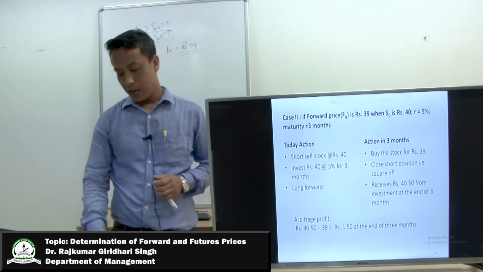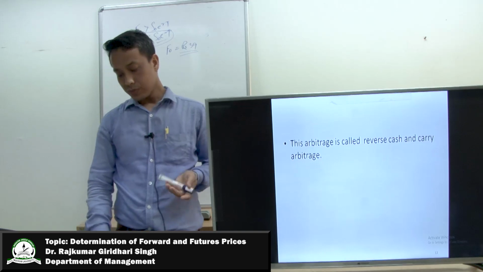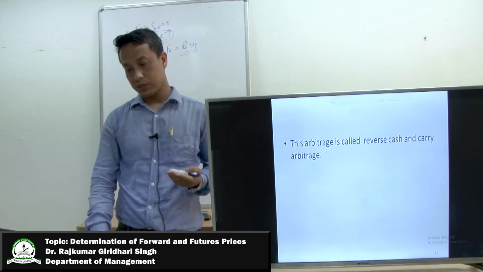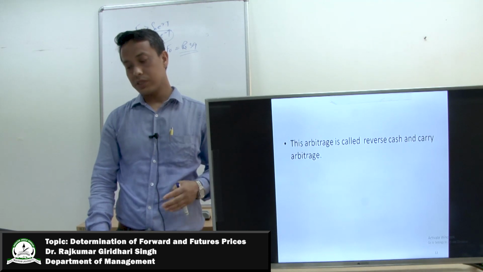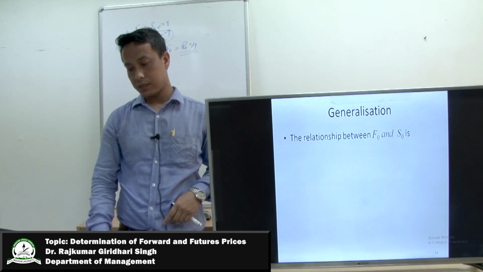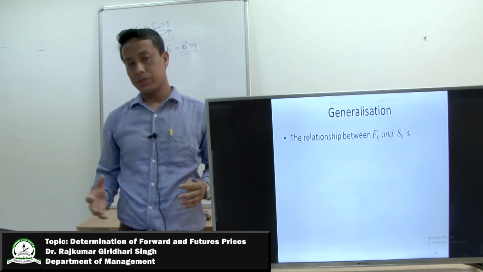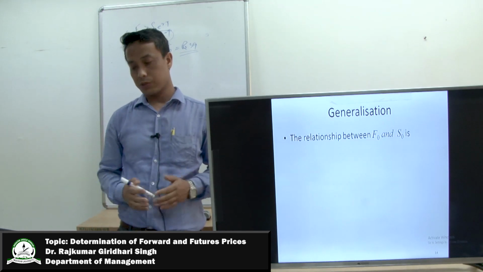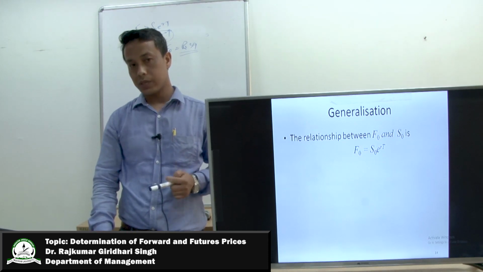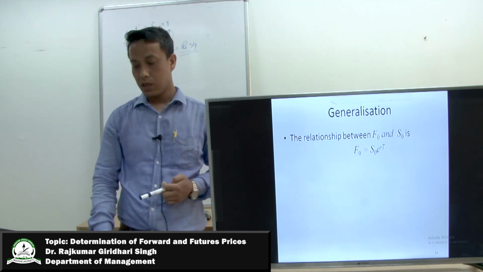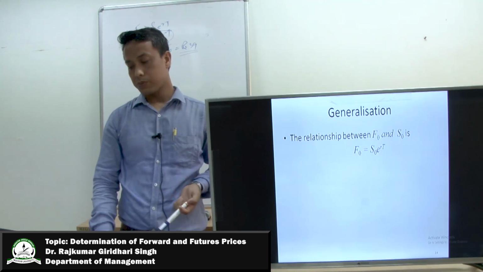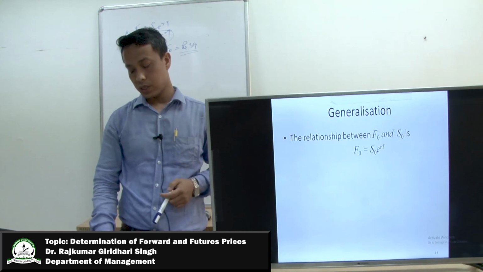So basically, from this example, we can generalize, and this particular arbitrage method is called reverse cash and carry arbitrage. And now from this, we can establish the relationship between the spot price and the forward price. For any investment asset which does not pay any dividend, or for a zero coupon bond, the formula is forward price equals spot price times the continuous compounding factor.